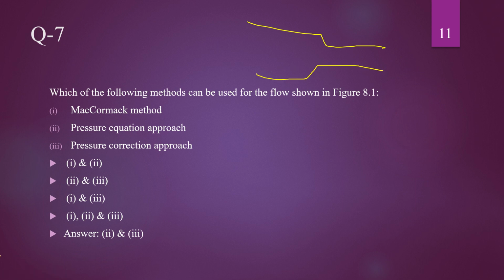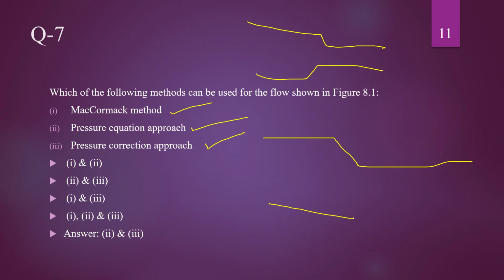Which of the following methods can be used for the flow shown in figure 8.1? McCormack method, pressure equation method, pressure correction approach. So basically we need to understand a few things.